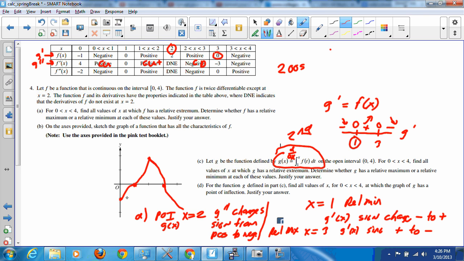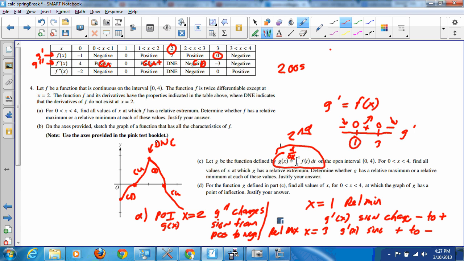And just recall that it was concave down here, concave up here, another concave down here, and switching back to concave up. And then we have to somehow also show that the derivative does not exist here, so I just drew a cusp.